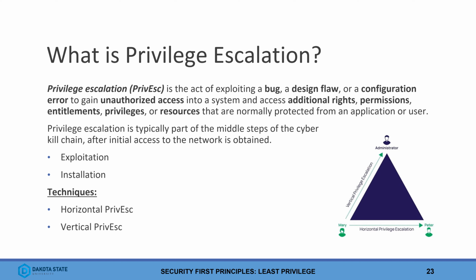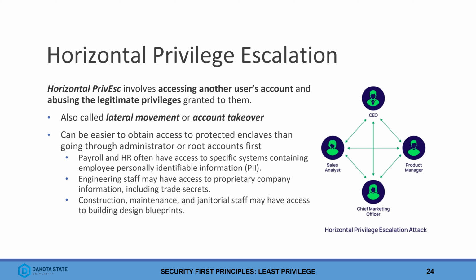There are two techniques for privilege escalation: horizontal, which is user to user, and vertical, which is user to administrator. Horizontal privilege escalation involves accessing another user's account and abusing the legitimate privileges granted to them.